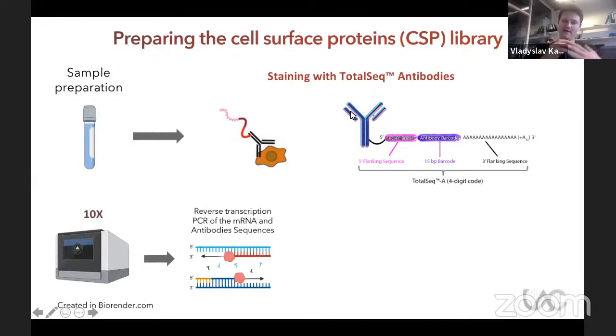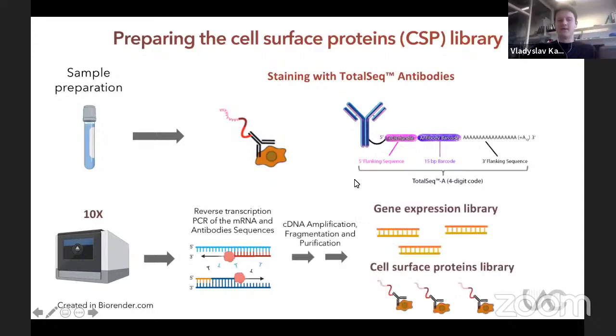I think you see the principle, and maybe the point that I'm leading to. After we fragment and purify the cDNA library that we got from the reaction, we are getting two libraries at the end. The one that contains the transcriptomic information, the gene expression library, and the one that contains the information of these bound antibodies.